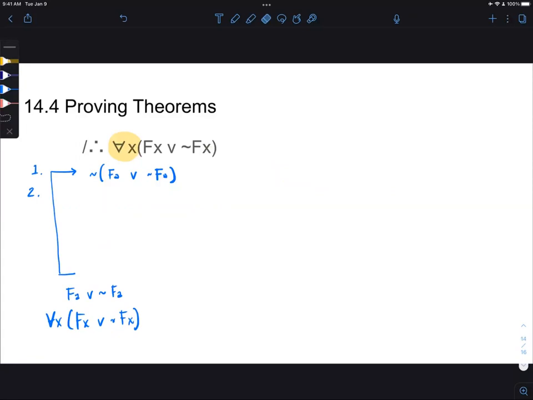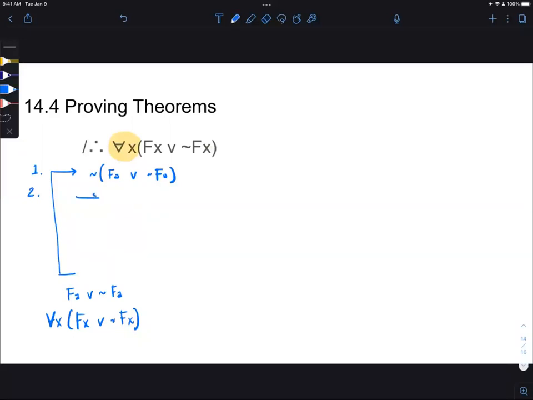Okay, so I can't really do anything with my line 1, which means I'm going to need to open another subproof. What do I want? I want a contradiction. I suppose in theory it could involve a conditional, but I have no reason to think it will. And since what I want is something other than a conditional, even though I don't know exactly what it is, I'm going to do an indirect proof.